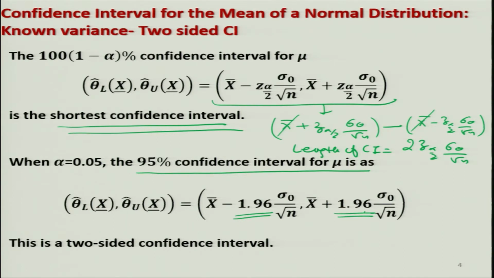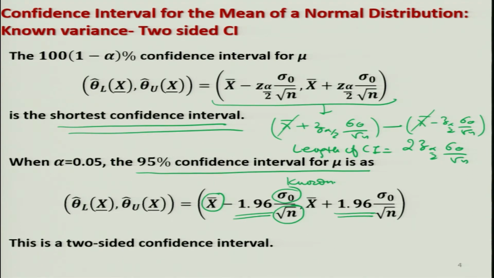I will try to show you that we can obtain the same value from the R software also, that you have now learned, because this is simply your quantile, right. And the value of x bar can be obtained from the sample, small n is the sample size, and sigma 0 is known.